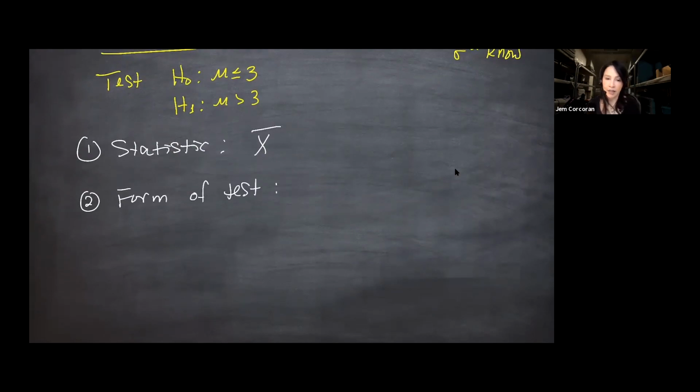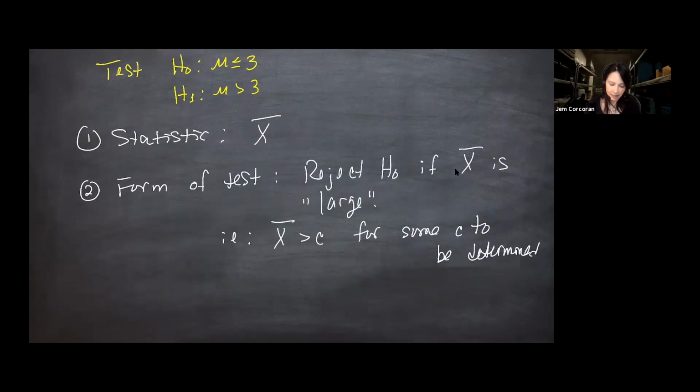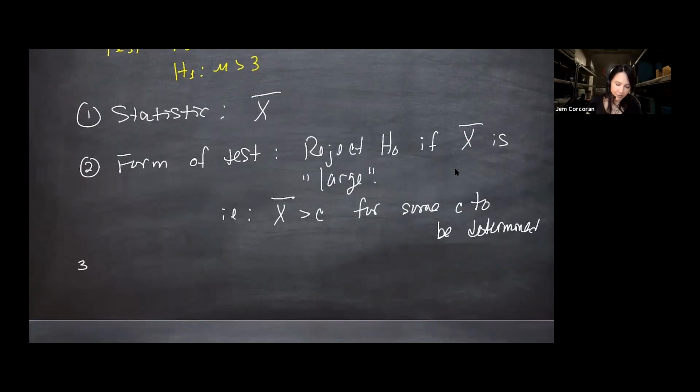So you're assuming that the true mu is less than or equal to 3, but you're going to reject the null hypothesis in favor of the alternative if X bar is large, i.e. X bar is greater than c for some c to be determined. Step 3 would be to find c.